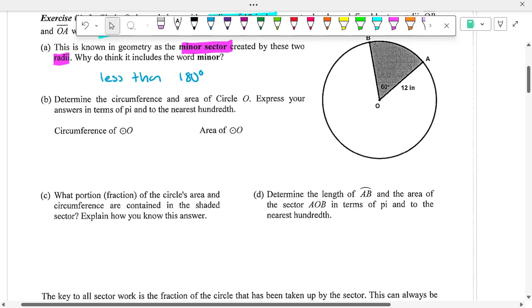Now, before we can determine the sector area or the arc length, we first need to find the circumference, the original perimeter of a circle, and the area of the full circle. So, who remembers the formula for circumference of a circle? Nope, that's area. The base and the height times 1/2, that's triangle.